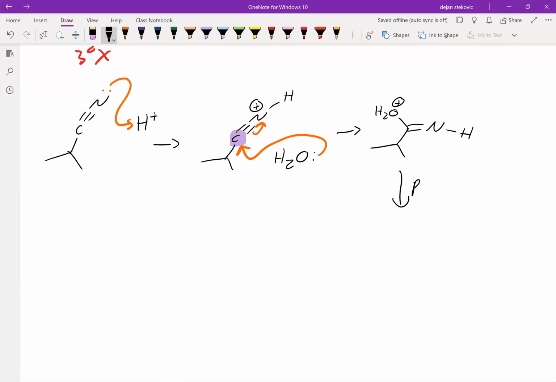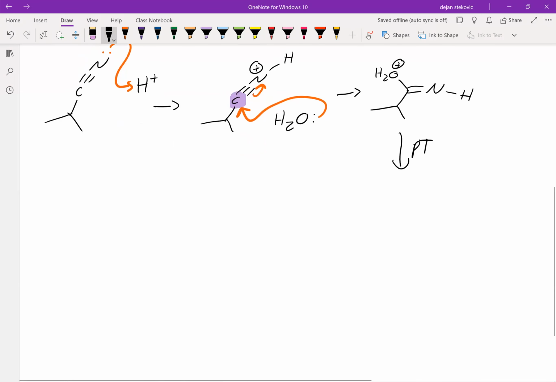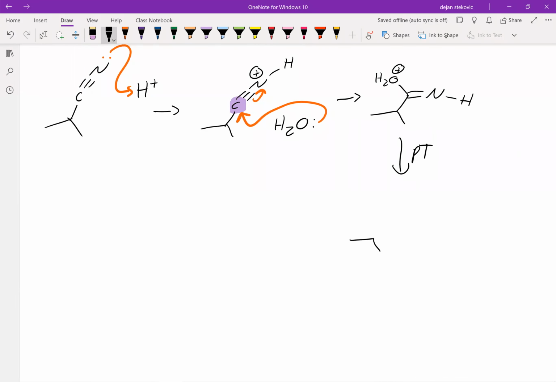After this, we can have a proton transfer occur just so we don't have a positively charged water. After this step, we have essentially just another proton transfer.